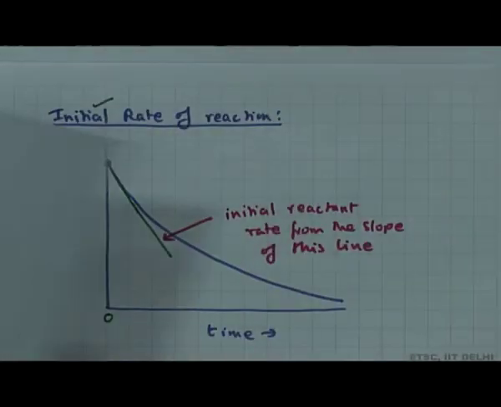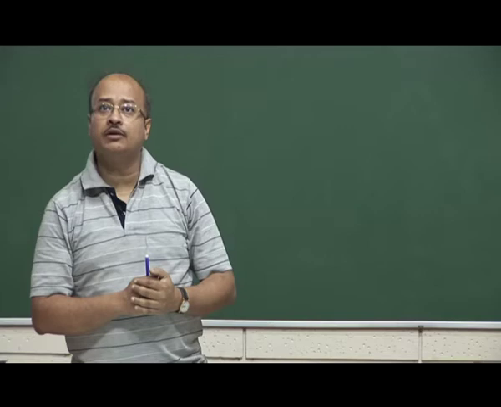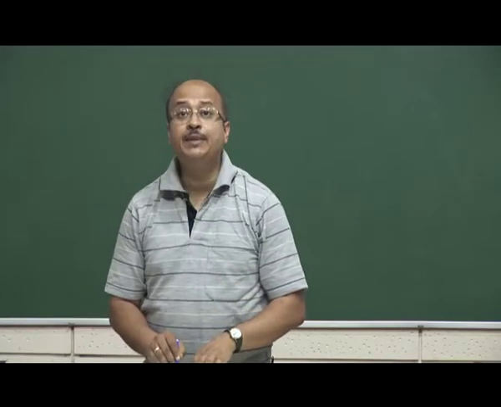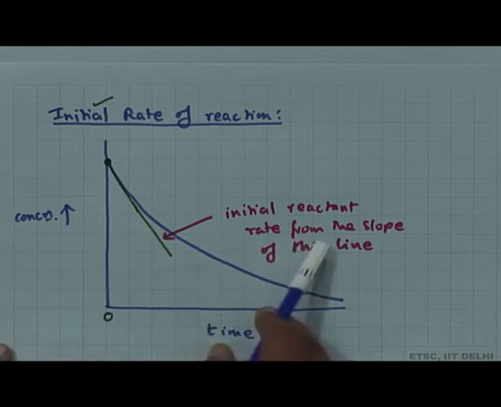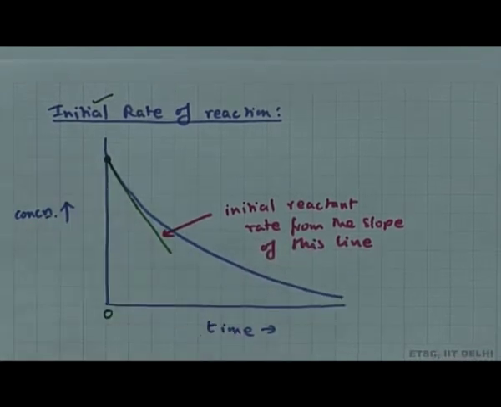Then we moved on to the initial rate of the reaction. The initial rate, as the name suggests, is at the very beginning of the reaction, very close to time 0. Time 0 is the initial point of the reaction. You can see from here that the initial rate can be obtained from the slope of the tangent at that point.